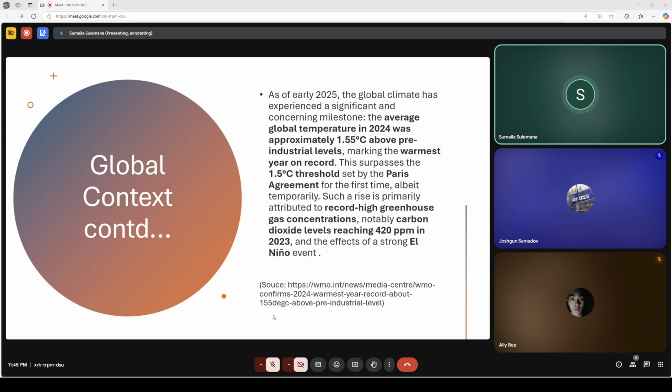This surpasses the threshold set by the Paris Agreement for the first time, and it gives very alarming concern to all stakeholders who are trying to achieve net zero.